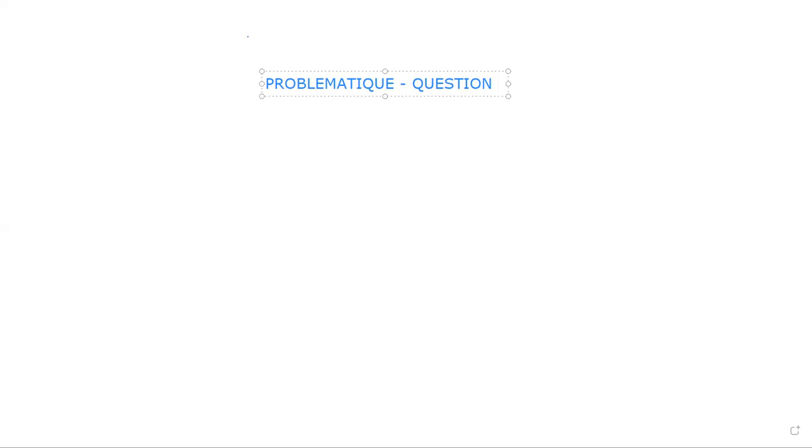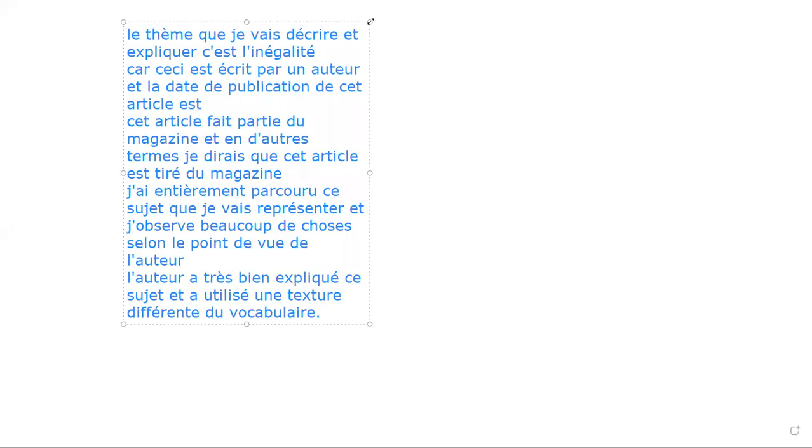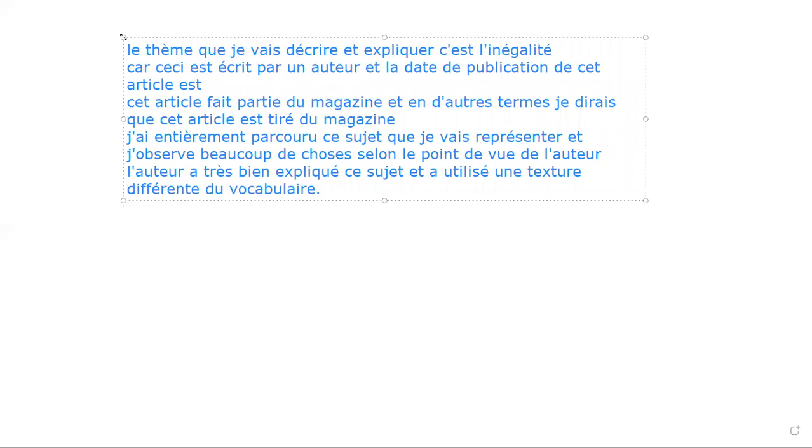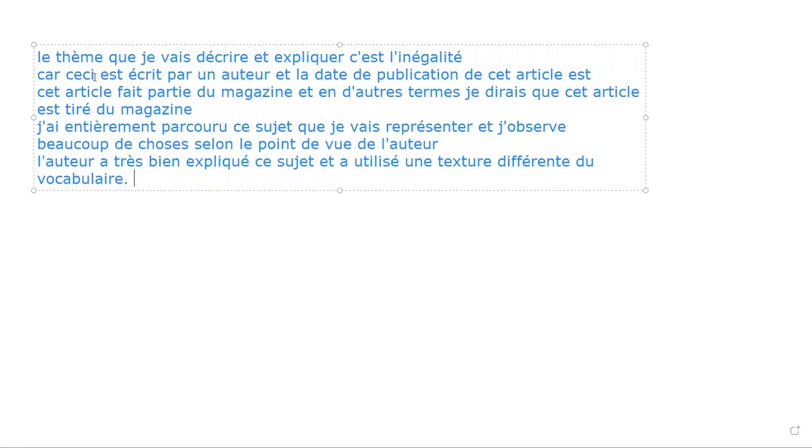Now repeat after me. These are the terms which you have to speak with me. Okay? Now, par exemple, le thème. You have a topic of inequality. How to start from the very beginning, how to start your B2 terms: Le thème que je vais décrire et expliquer, c'est l'inégalité.